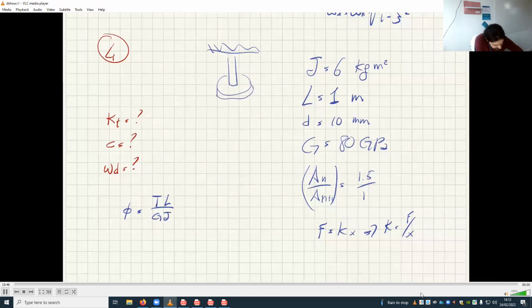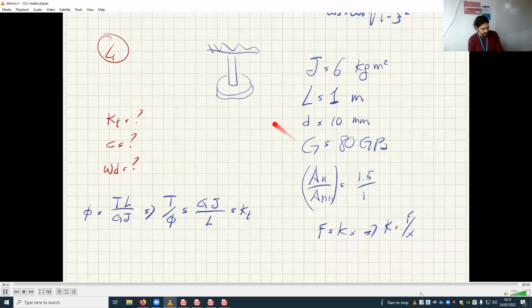So if I rearrange this to have T over phi, this becomes GJ over L. And this is also the torsional stiffness, this is also KT as a subscript. That's it. We have G, we have J, we have L. We don't need anything else.